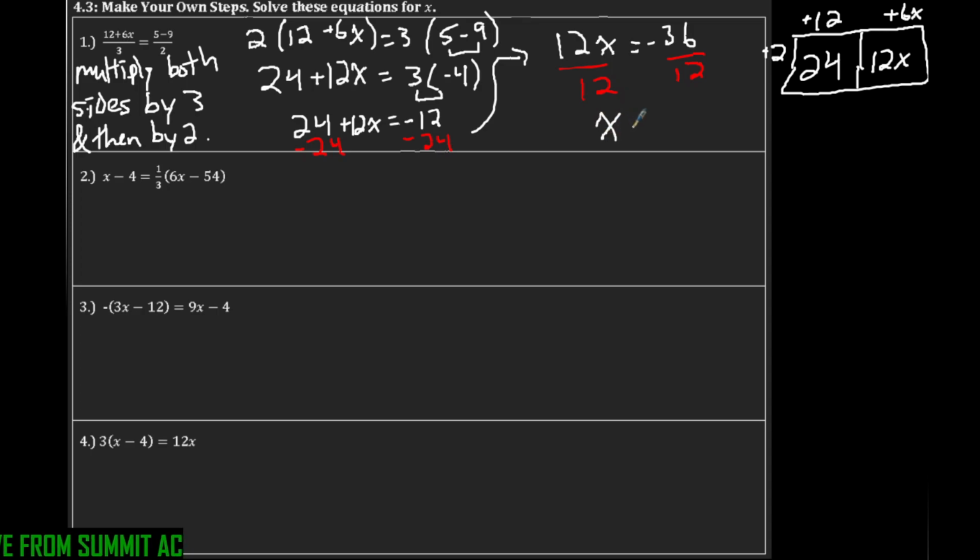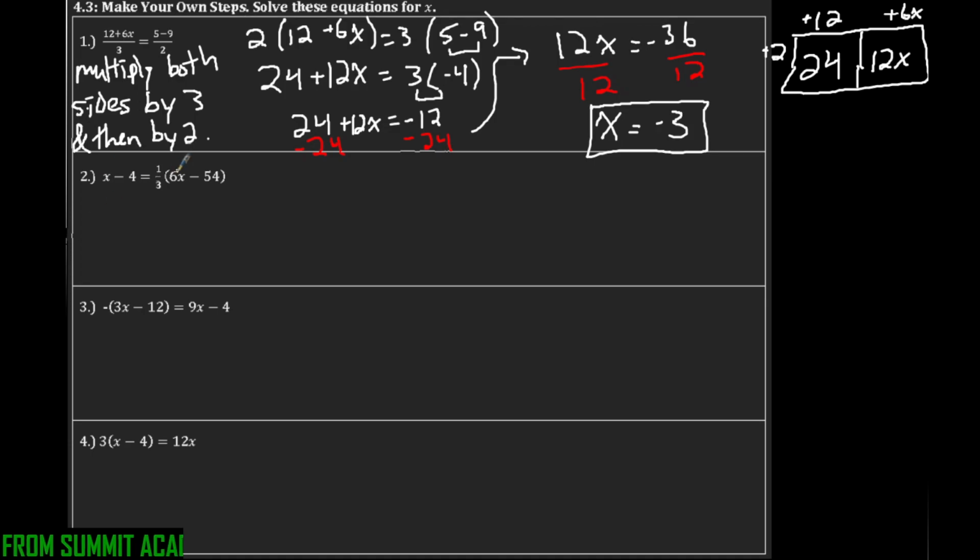I should have x equals negative 3. If you want to check and make sure this answer is correct, you should be able to plug your value back into your equation, so that way you can see if it's right.